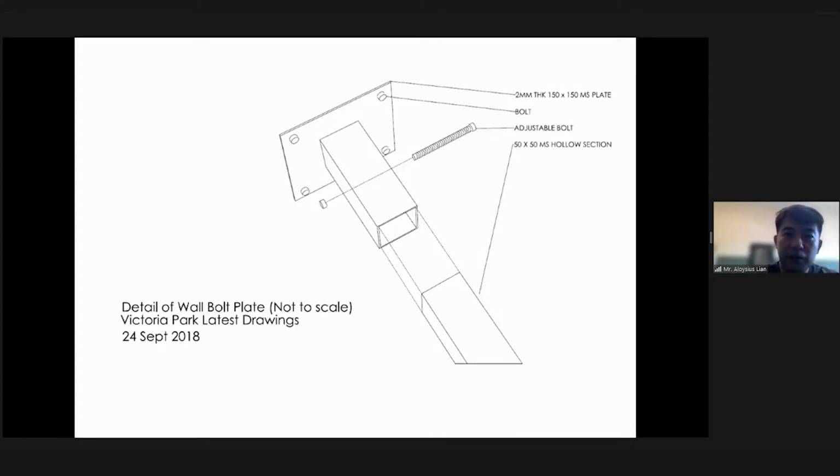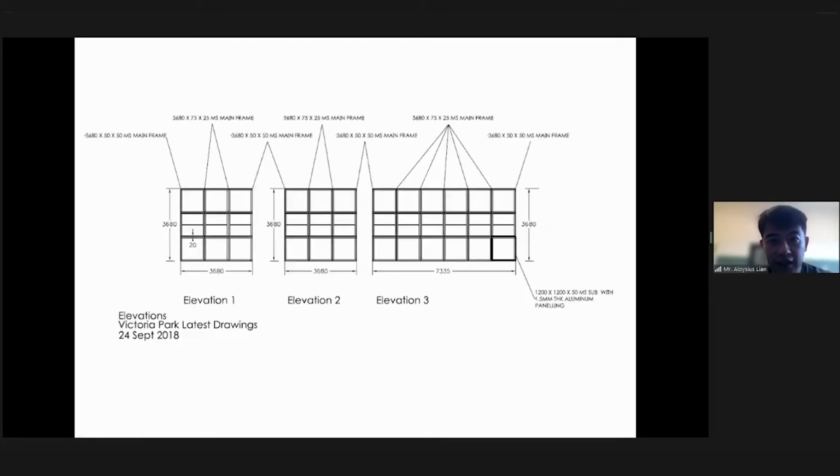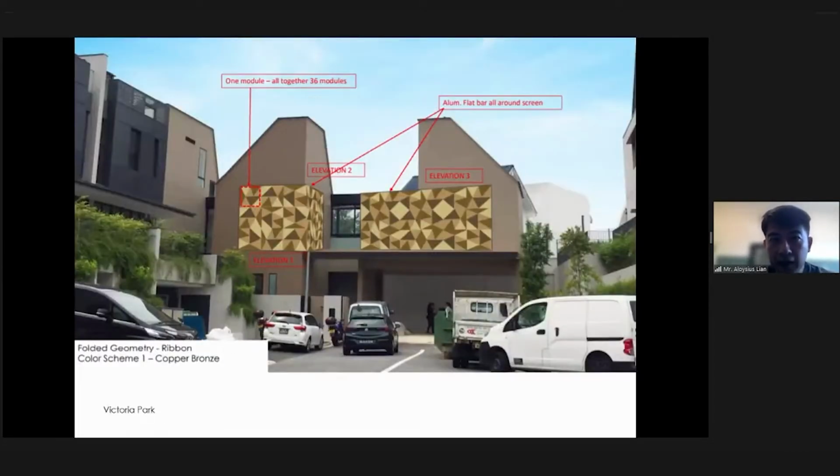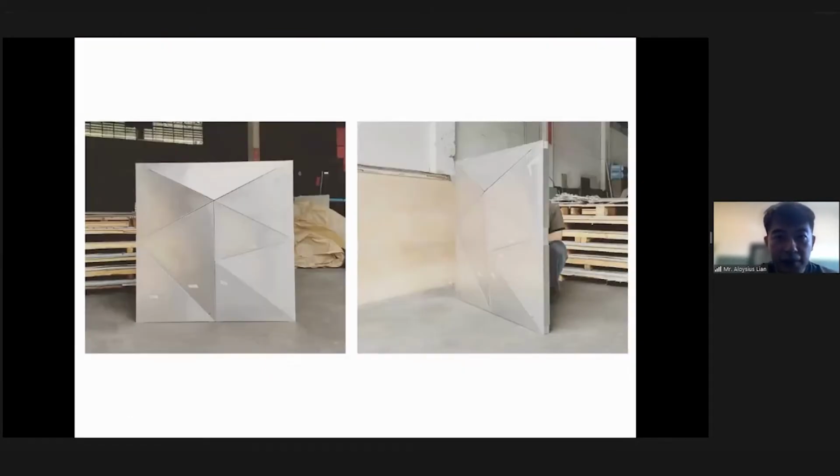So it's a very simple system, bolted, and then we have this detail to adapt to the construction tolerances. Because this is an A&A project, the building facade already existed. So again, a modular system: we have a grid, and then we hang that particular module onto this subframe grid. This is the initial render for the client, and then we will show you the end built product later on.